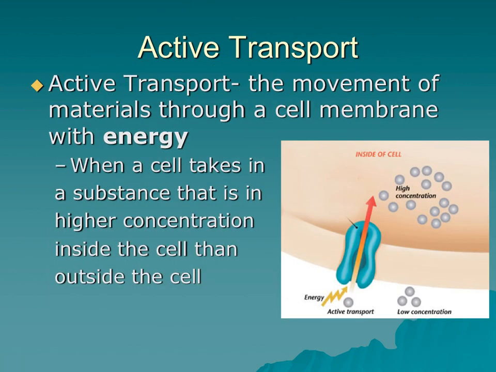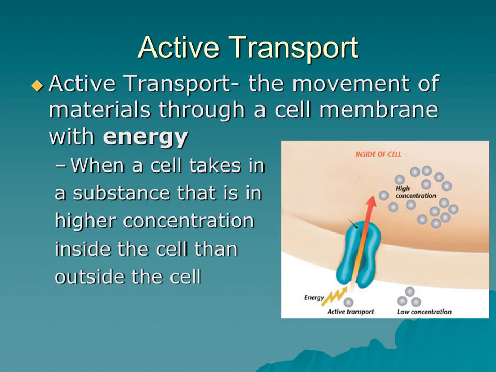Active transport happens when, let's say, there's a lot of water outside the cell, not as much inside the cell, but for some reason, that water, or whatever it is, needs to get pulled out of the cell. That isn't going to happen automatically because it's not going from high to low, it's going from low to high.